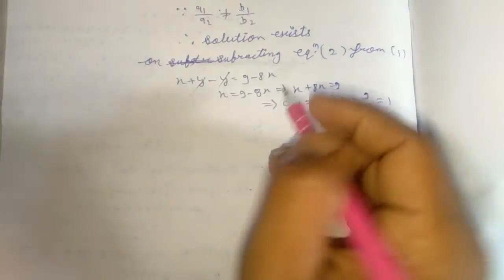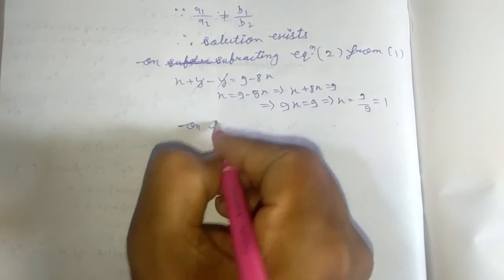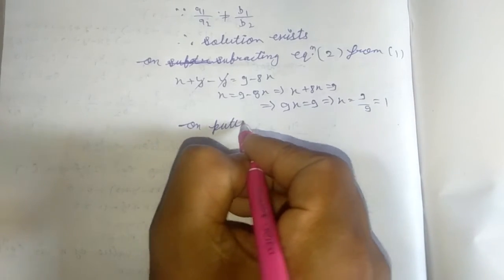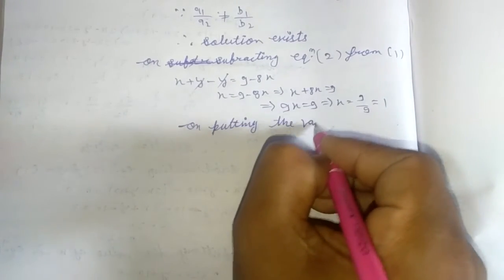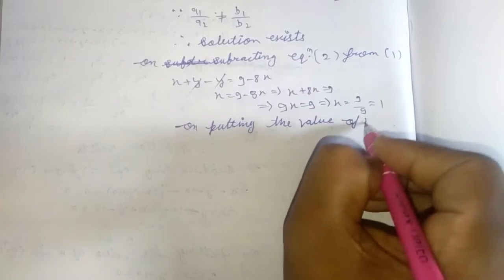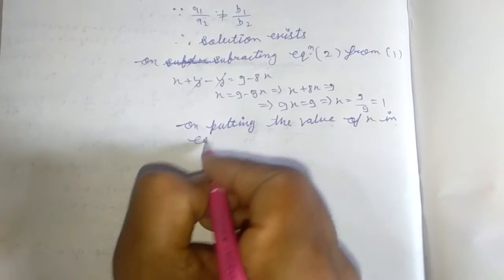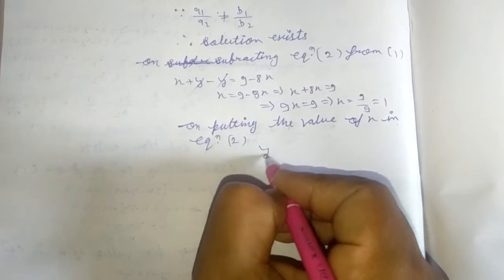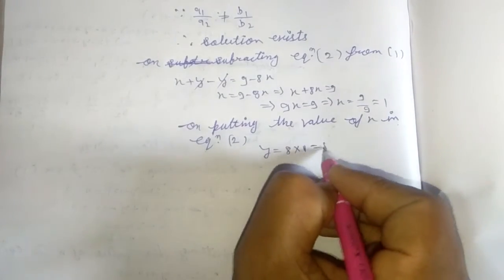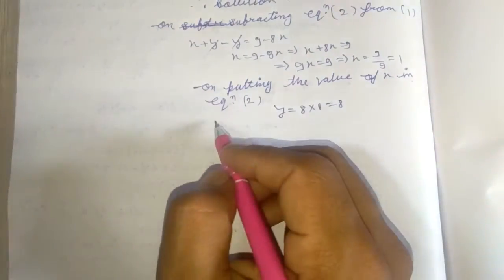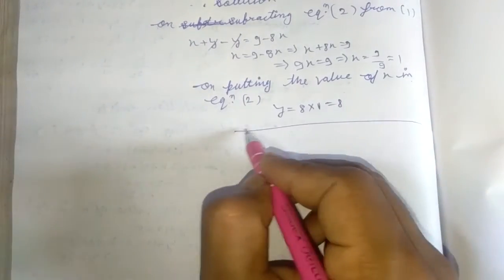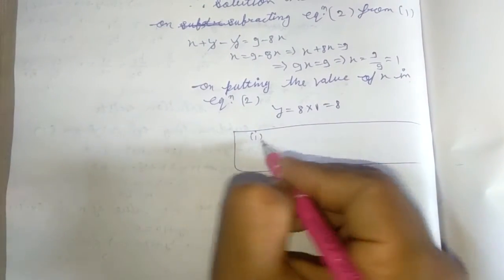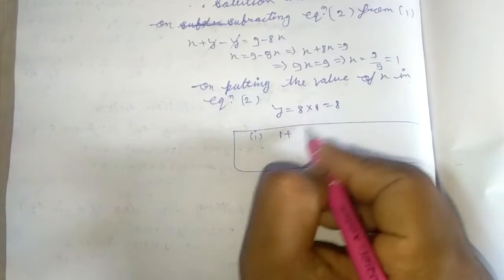On putting the value of x in equation 2, we get y is equal to 8 into 1, which means 8. If you want to check your answer, then put the value of x and y in both equations. Now we put in the first equation x is equal to 1 and y is equal to 8.